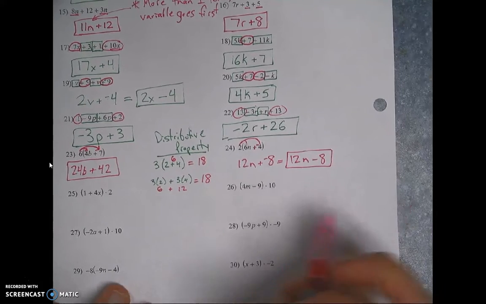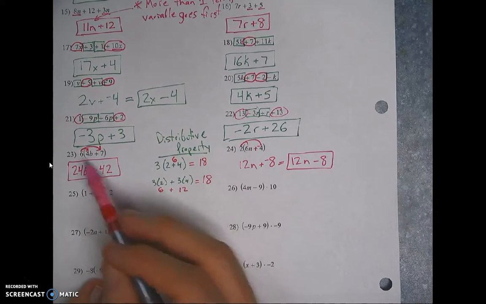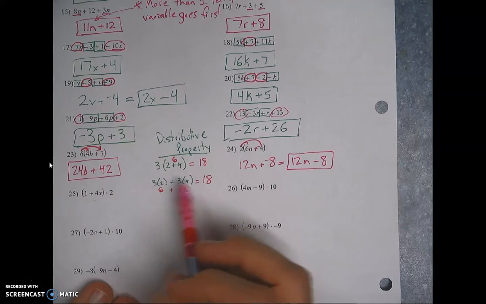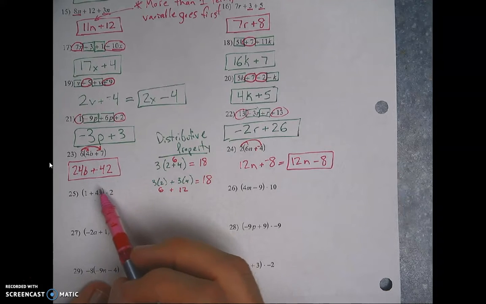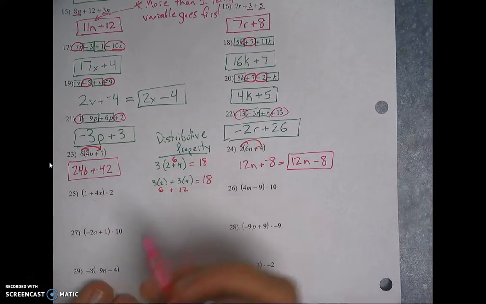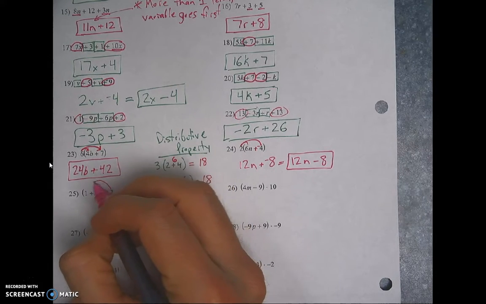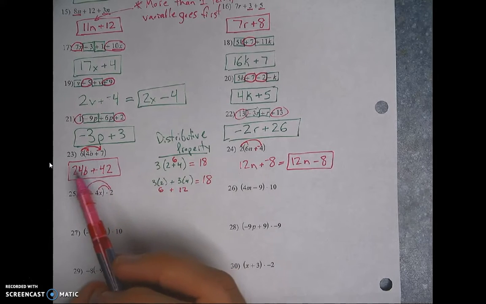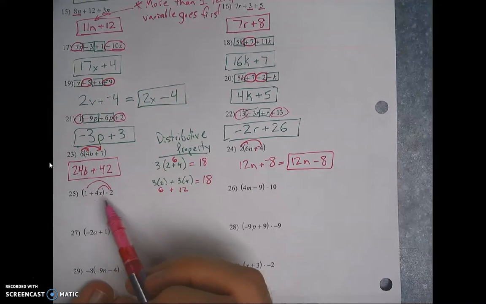That's perfectly fine. 25 is very similar to 23. We've got a number on the outside of parentheses, now it's just on the right. Using the distributive property, we can write this as two products being added together instead of this quantity being multiplied by 2. So we're going to take this outside number and multiply it times both. Now, remember, in correct simplified form, the variables go up front.